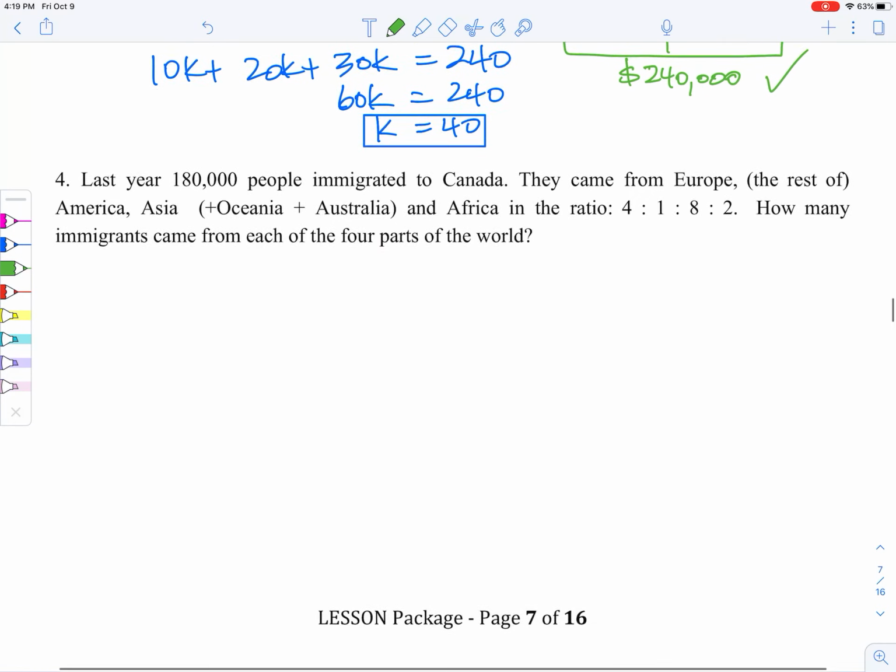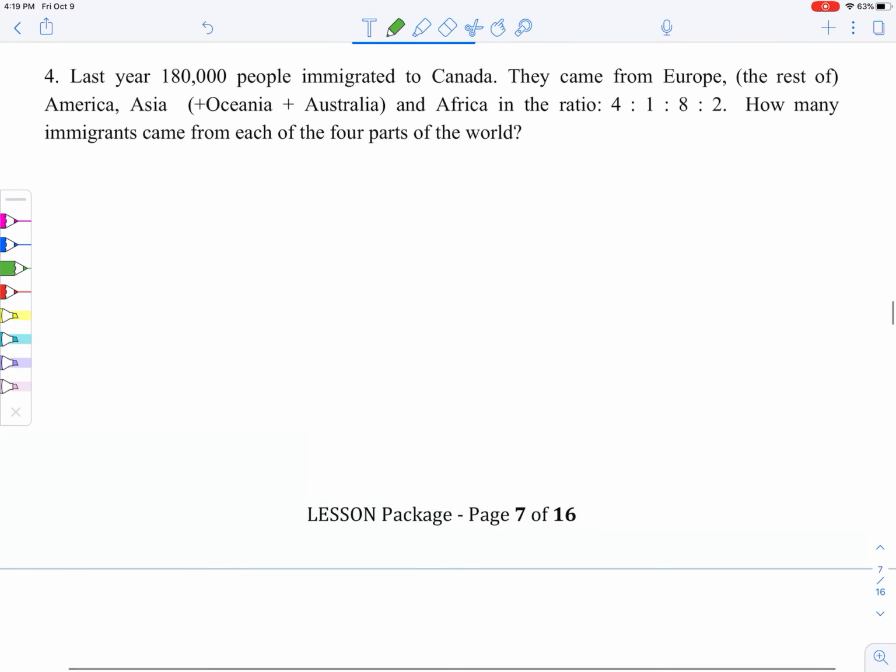Last year, question 4. Last year, 180,000 people immigrated to Canada. They came from Europe, the rest of America, Asia, which also includes Oceania and Australia, and Africa, in the ratio of 4:1:8:2. So these numbers here, they're going to be lining up with the words in the order they showed up. So that 4 is going to go along with the first word.